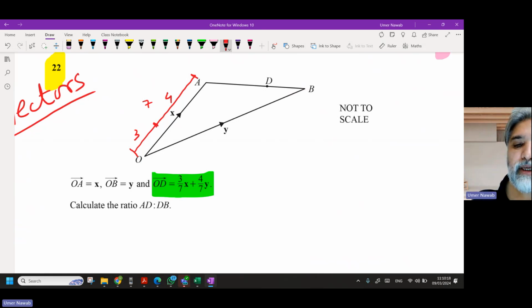And 4 over 7 means if this total is 7, someone has gone 4 units up.